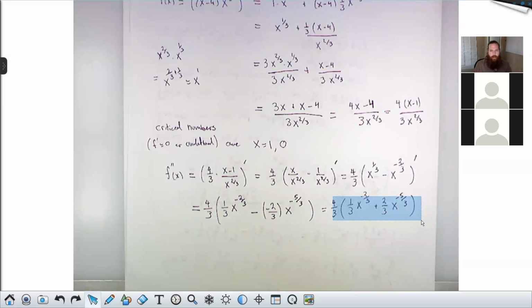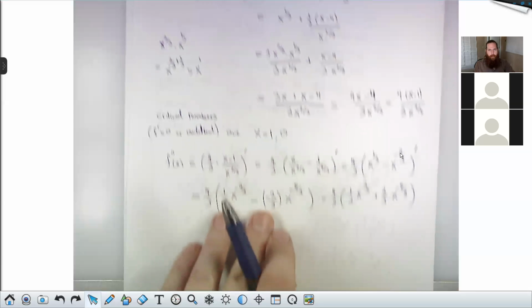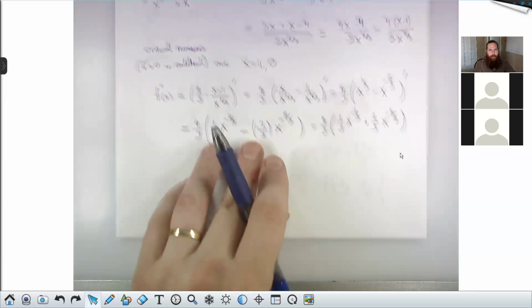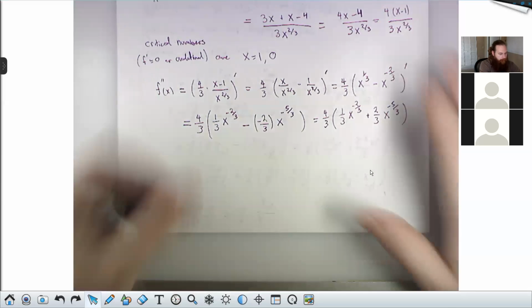So there's a faster way to get from an expression like this to an expression like this. And the fast path, rather than going through that common denominator stuff, is to force factor the largest negative power of x. So first, let me bring out the 1/3. That'll make this a 4/9. I'll leave everything else the same.